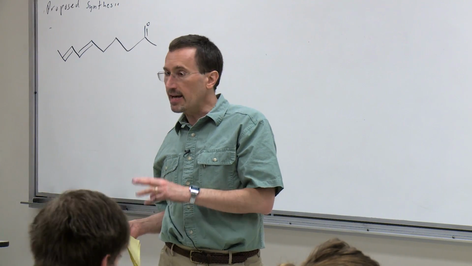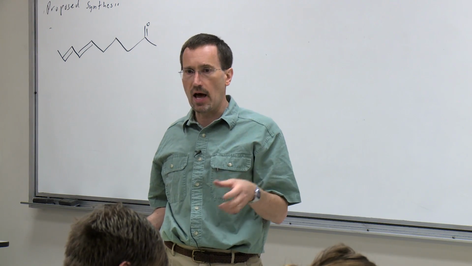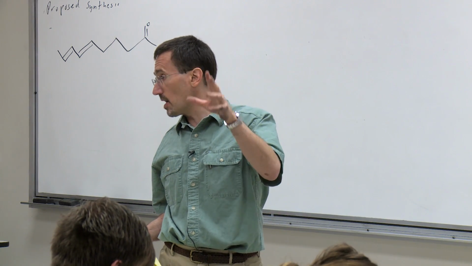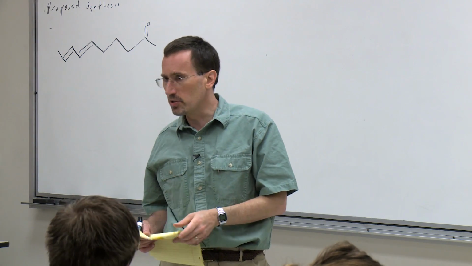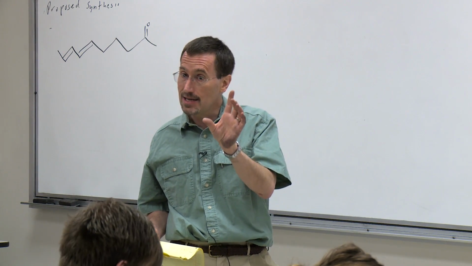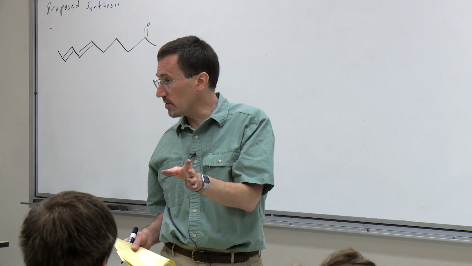For example, an asymmetric Michael addition reaction catalyzed by an amino alcohol or a derivative of proline, a reduced proline derivative to make an enamine. A chiral enamine is one of the tricks that's often used.